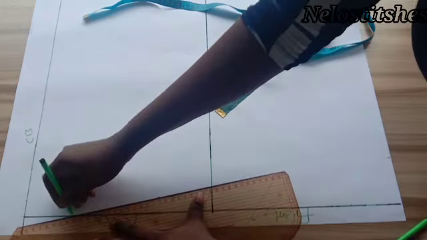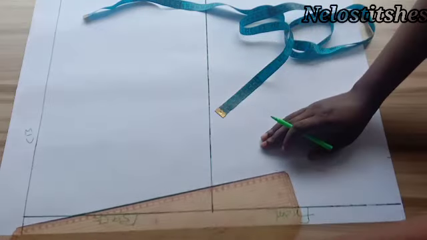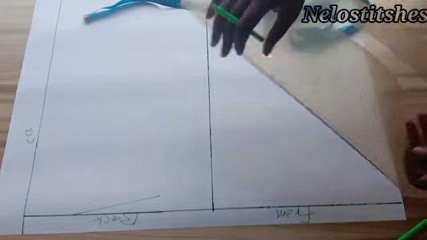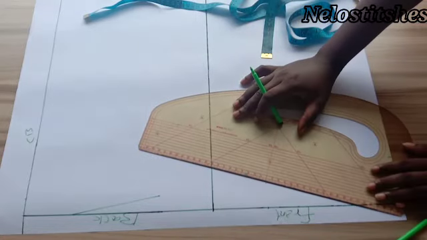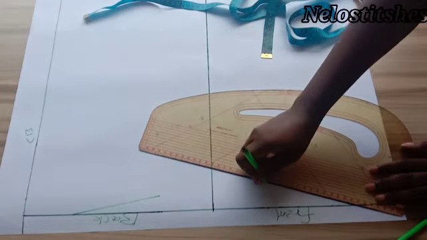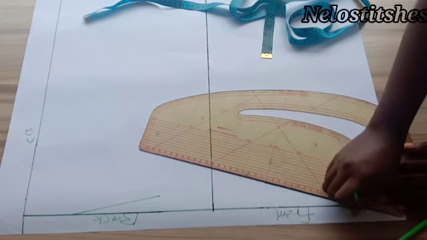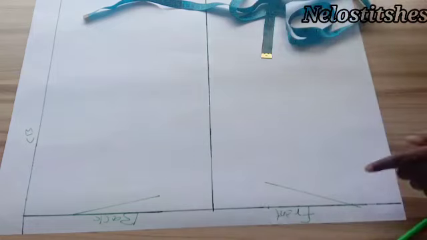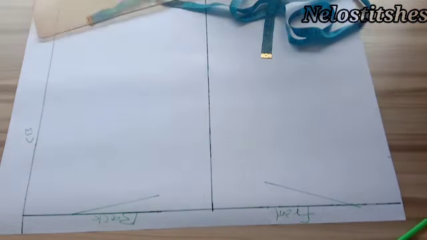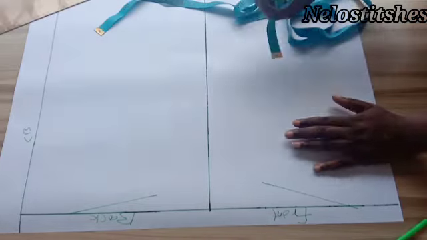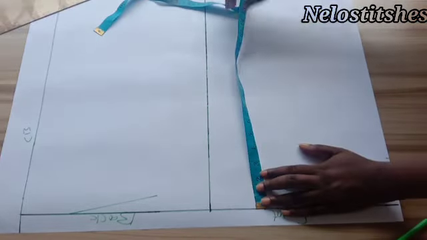The reason I came down by 1.5 for the front shoulder slope is to tighten the armhole area, so that when you make your dress and wear it, the armhole area will fit very well on you. It will lay very flat on you. So you need to tighten the front part. That is why we come down by 1.5 inch.